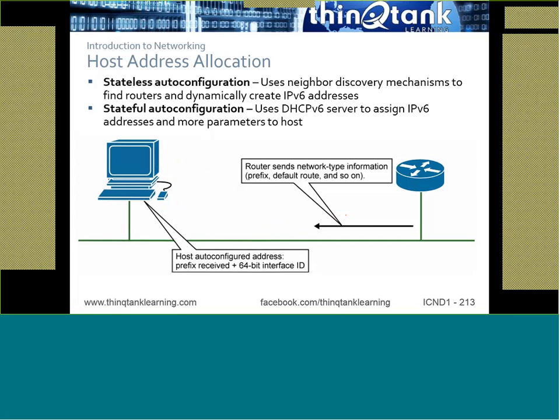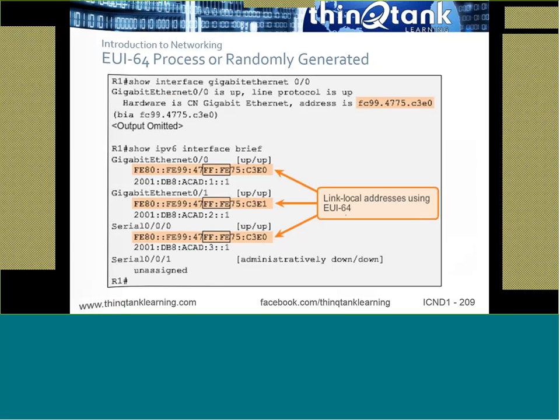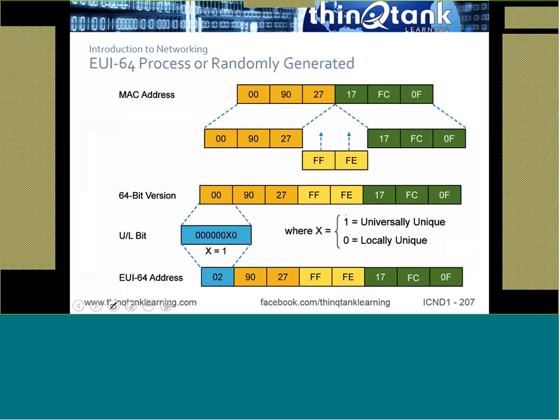So let's talk about that EUI-64 process and why that's important. First of all, a MAC address, as we already know, is only 48 bits. What else do we know about a MAC address? It's globally unique by the way it's defined. In order for the host to join the network, it wants to generate a 64-bit host address.